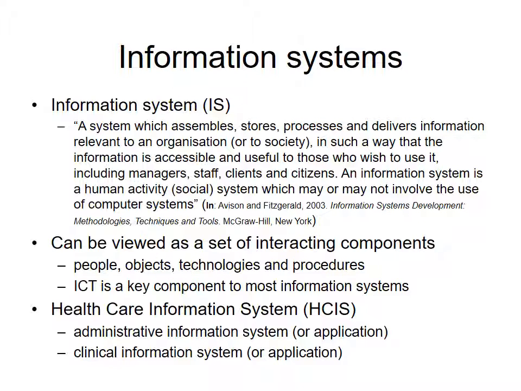An information system can also be viewed as a set of interacting components, and such components are usually people, objects, technologies, and procedures, which all work at the same time in different aspects. And as I said, ICT is now becoming a key component of most of our information systems. Now, healthcare information systems, or HCIS, are a great example of how ICT can support and aid healthcare.